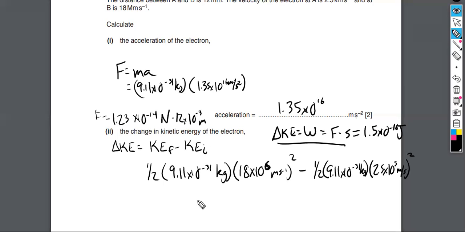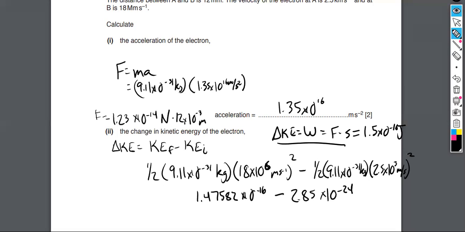So I get for this one 1.47582 by 10 to the negative 16, minus the initial term with 500 squared. So basically, the initial kinetic energy is negligible compared to the final kinetic energy. It had an initial kinetic energy of 2.85 by 10 to the negative 24.